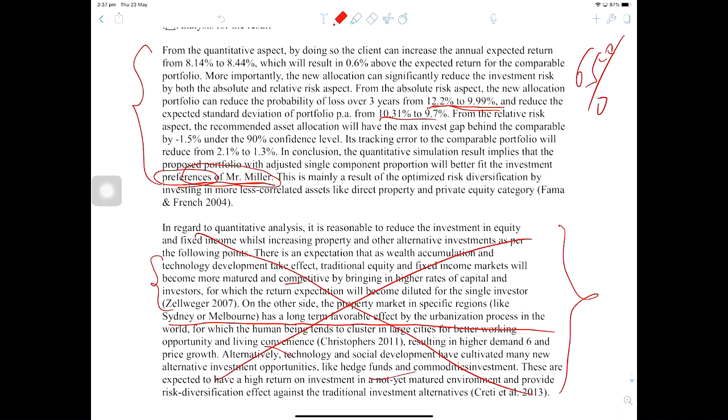If you do want to include these so-called qualitative judgment, subjective discussions into your report, following the discussion of the quantitative output, you have to frame your discussion in the context of the clients. A general description of the performance of the property market or the relatively efficient equity and fixed income relative to alternative assets is not sufficient to make your point.